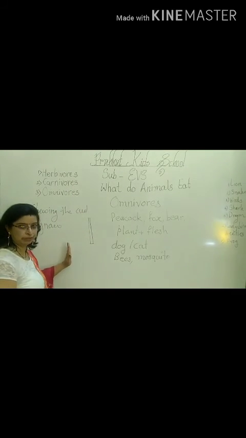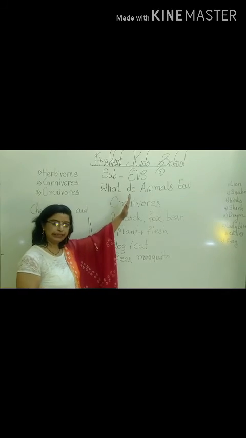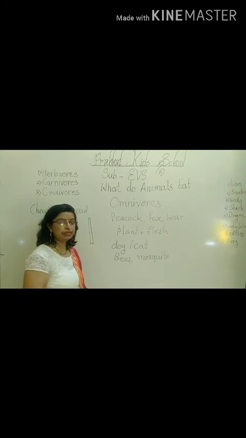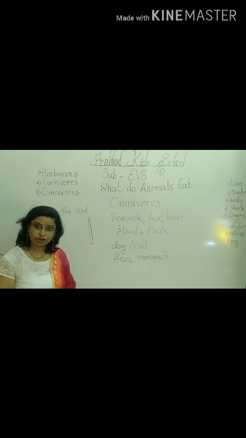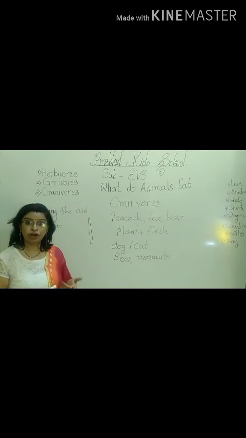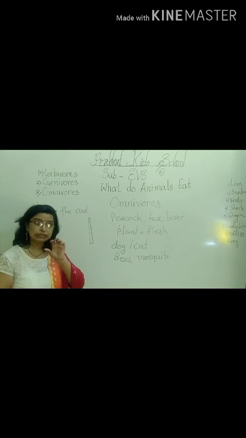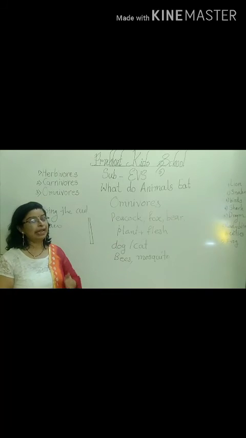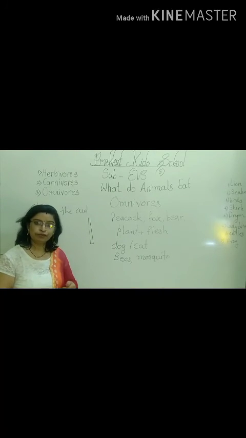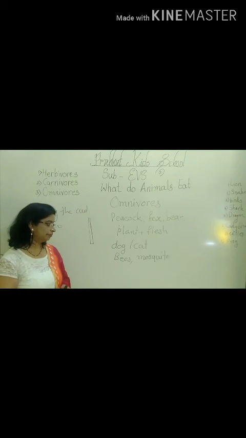These three kinds of animals are found according to their eating habit. Carnivorous animals have sharp front teeth, sharp strong jaws, strong eyesight, and strong limbs with very sharp claws. All these characters help them to catch their prey and eat the flesh of those animals.